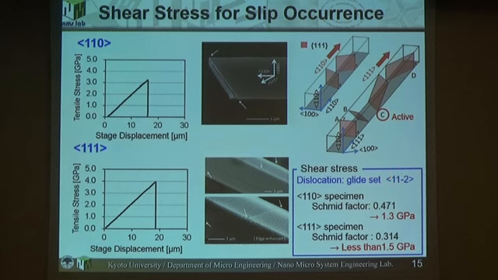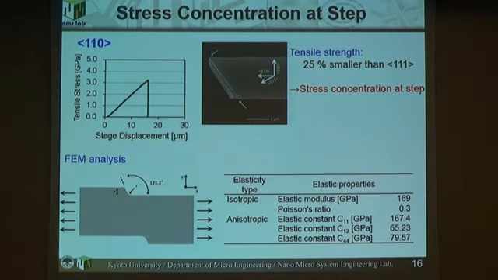The maximum shear stress is around 1 Pascal in both cases, so it almost agrees. In order to think about the lower strength of the 110 specimen, we considered the effect of the strip on the strength. So we did some FEM analysis to estimate the stress concentration at the step made by the strip.